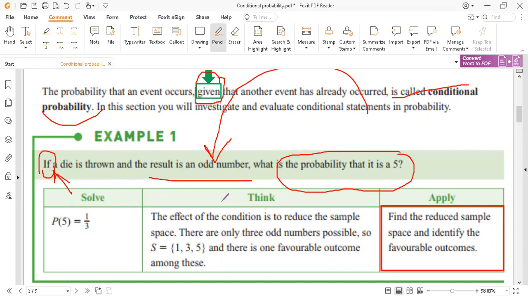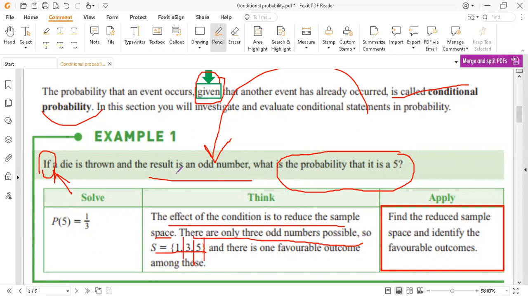So the new sample space where we will work contains only the odd numbers of the faces of a die. The effect of the condition is to reduce the sample space. There are only 3 odd numbers possible, so the new reduced sample space contains only 1, 3, and 5.